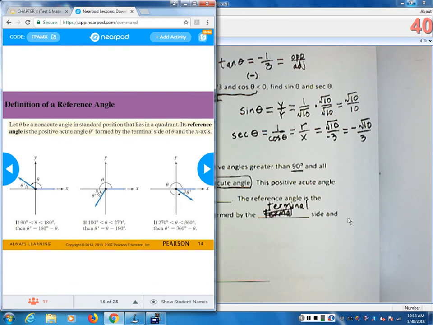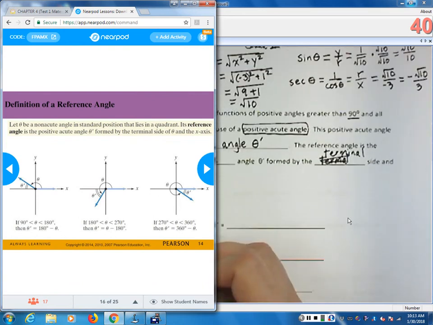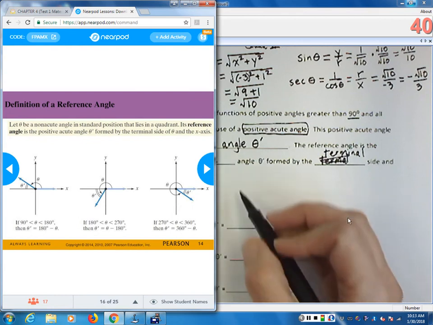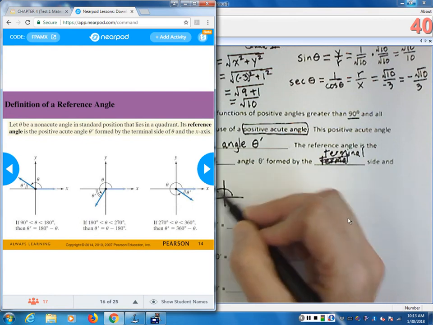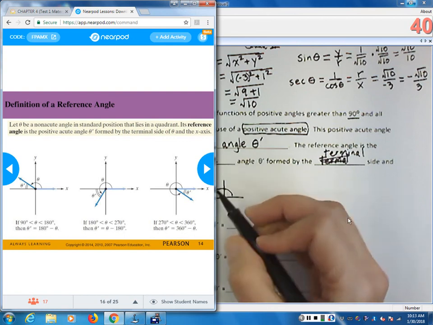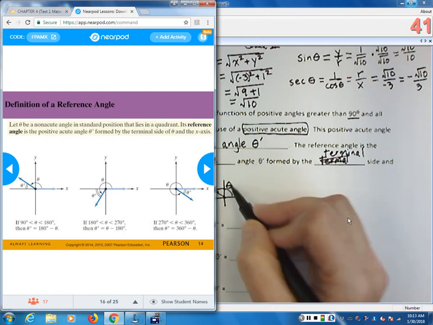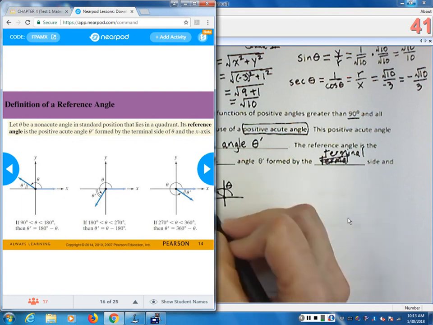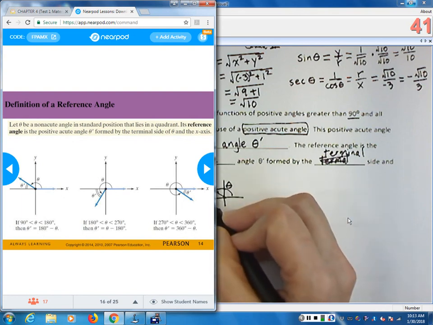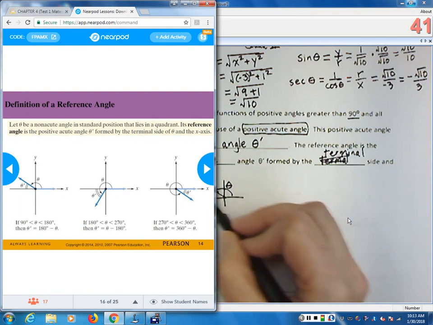So if your theta is over here somewhere, then for your theta prime, you're going to do it against the positive x-axis, so that'll be your reference triangle.